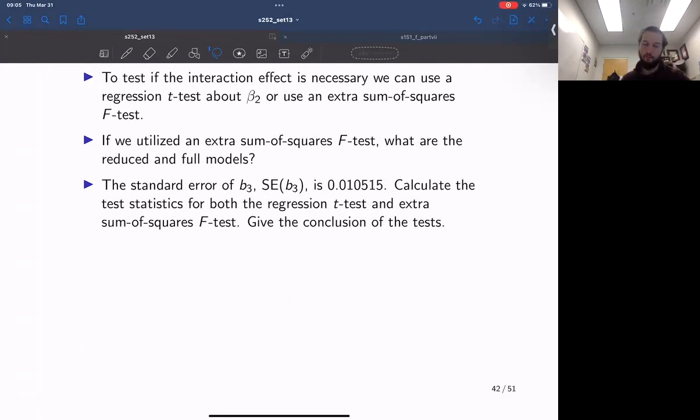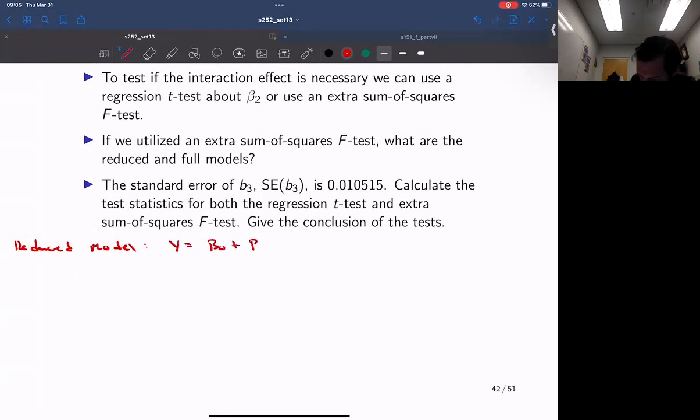Okay. So basically what we have here is a reduced model, y equals beta 0 plus beta 1 x1 plus beta 2 x2.